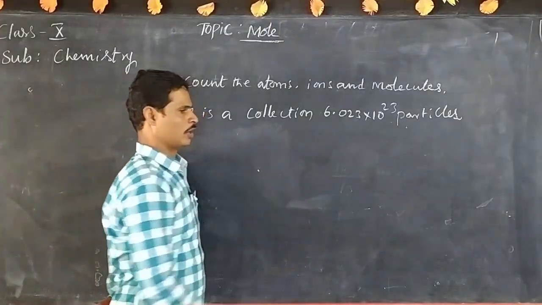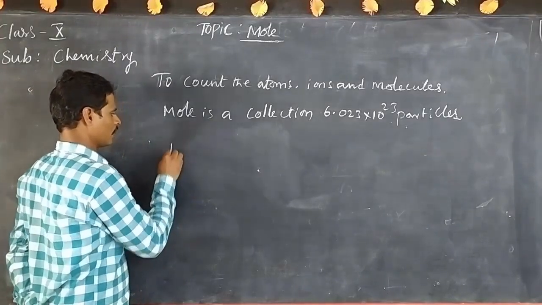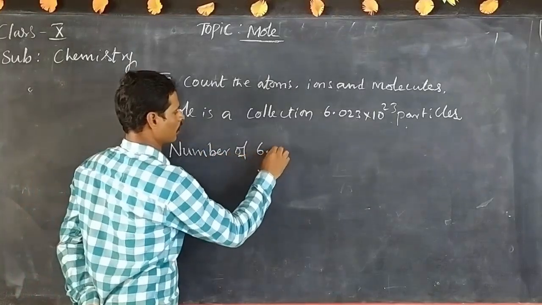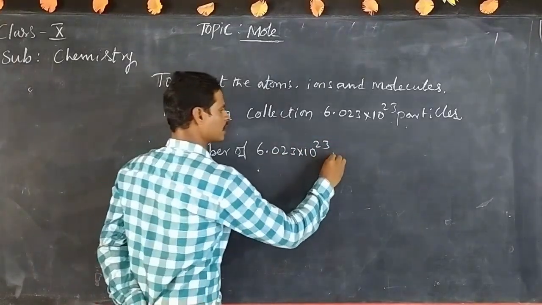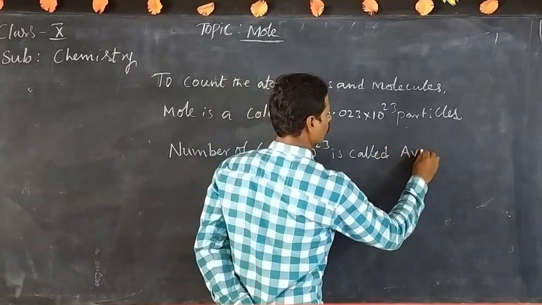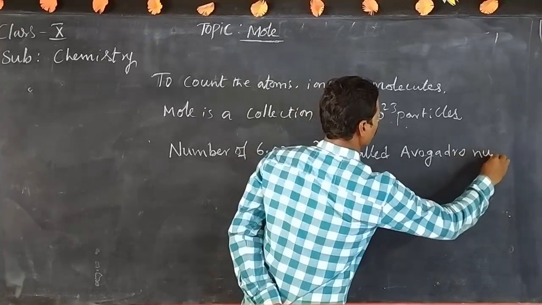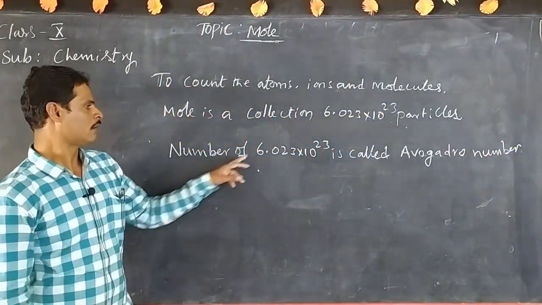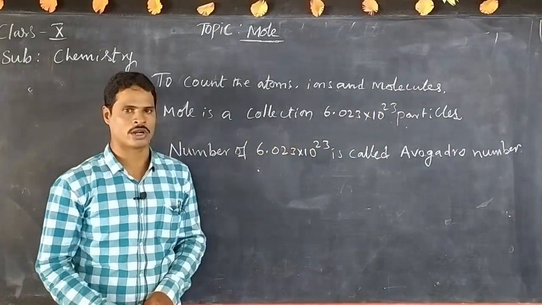These particles we call the Avogadro number. The number 6.023 into 10 to the power 23 is called the Avogadro number.